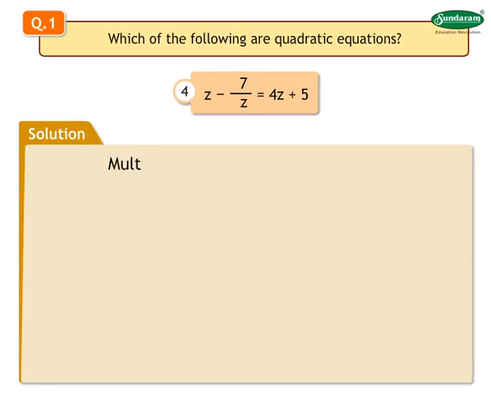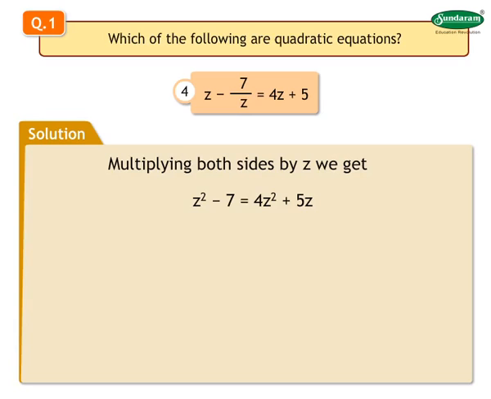Solution. Multiplying both sides by z, we get z square minus 7 is equal to 4z square plus 5z. That is, z square minus 4z square minus 5z minus 7 is equal to 0. That is, minus 3z square minus 5z minus 7 is equal to 0.